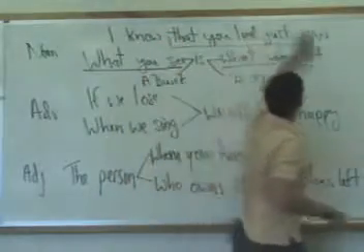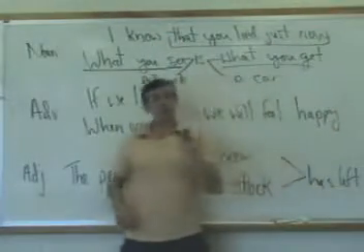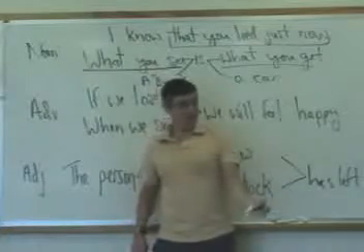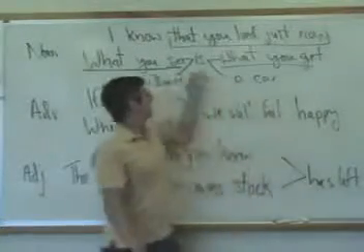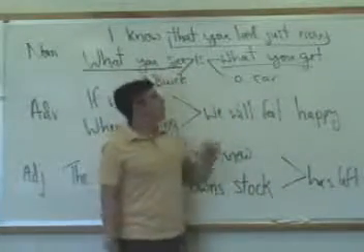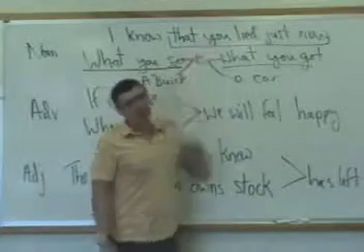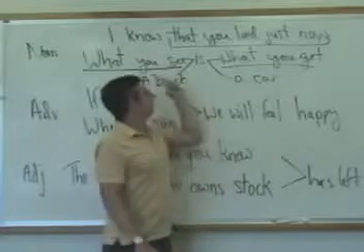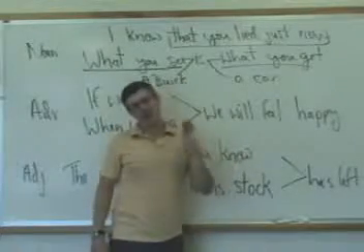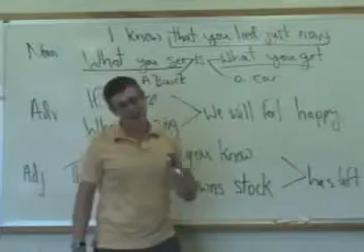So here, I know a secret. Secret is the direct object of know. And here the direct object of know is that you lied just now. So this is likewise, just like secret, is functioning as a noun. It's a subordinate clause functioning as a noun.